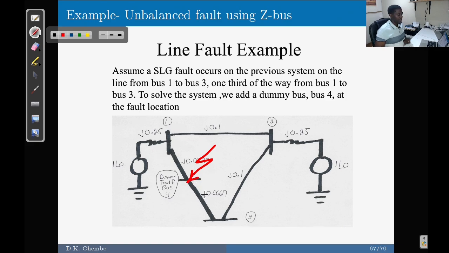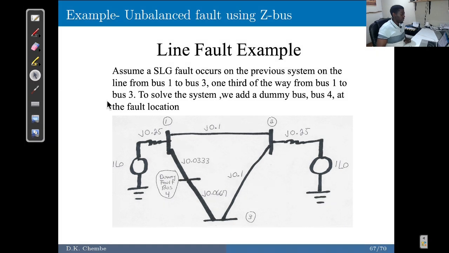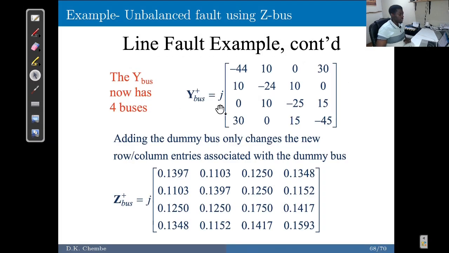You create a dummy bus, and using that dummy bus, it becomes from a 3-bus network a 4-bus network, and then you go ahead to derive the Y bus based on the additional 4th bus. And then from there you can determine your Z bus for the positive sequence, negative sequence, and so forth.